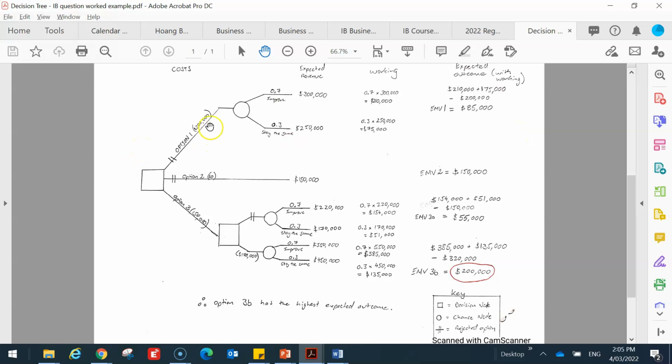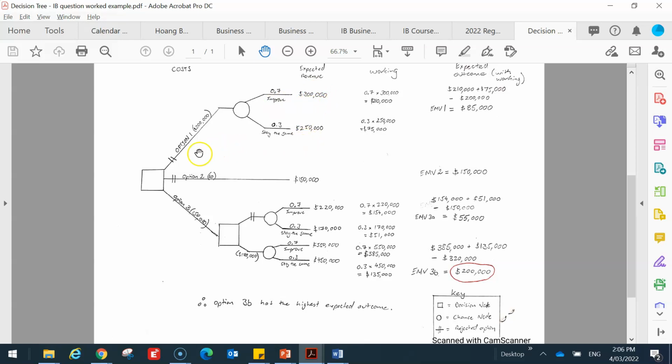Now, the first thing, we see that option one, we had a $200,000 cost, right? Then we reach our chance node here. So we understand we've got 0.7 being the improvement in the economy, 0.3 for it remaining the same, and the expected revenues we were given. So all I've done here is transfer that information from the table, put it down as my expected revenue.